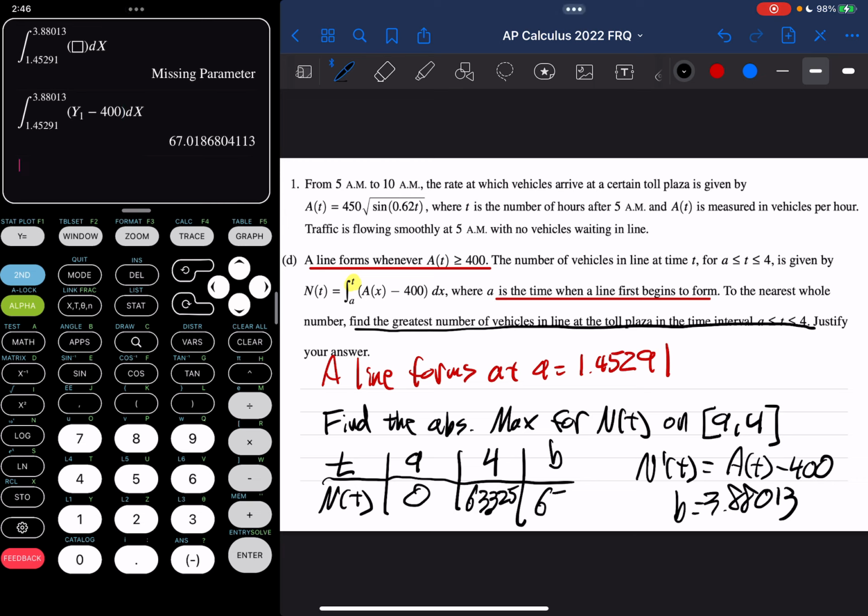And we get 67.0186. So 67. So at this time, right here, at 3.88013, we've justified that this is the absolute maximum for this function. So that is the greatest number of vehicles in line at the toll plaza for that interval.